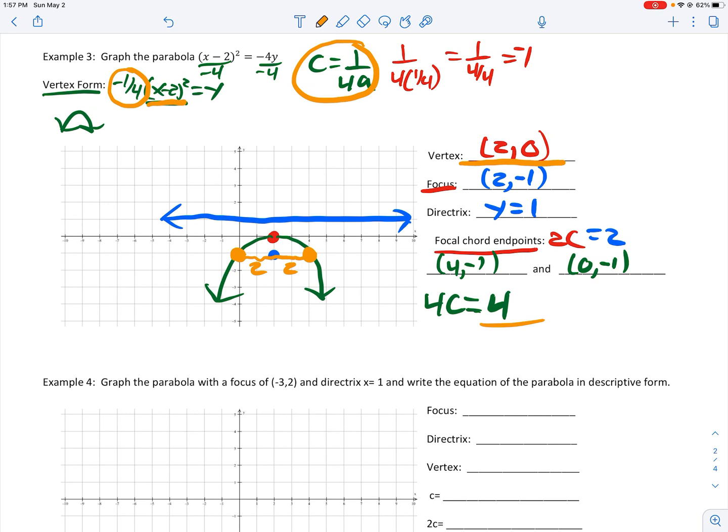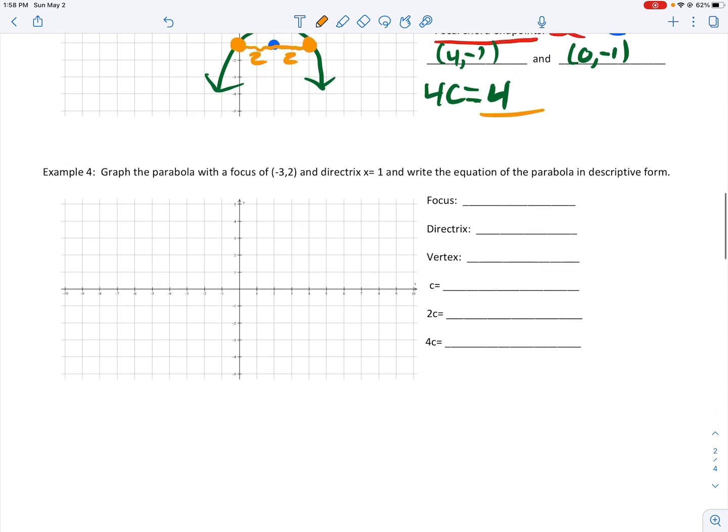In this case, it's been shifted right 2. And that's it. Found the focus, and then the directrix, you go opposite of whatever you do for the focus. So if I went down, I go up to get the directrix. And the endpoints are twice the length of C, so 2C would be 2, so I went left and right 2 to get those orange points.